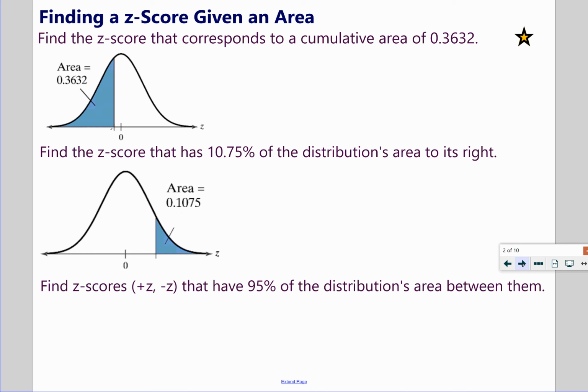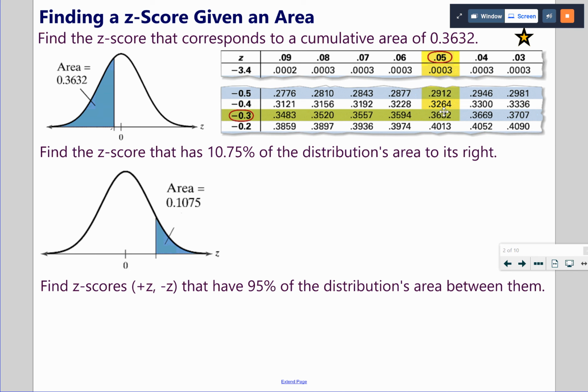Remember, your z-score chart only gives you cumulative area, or area to the left. For the first problem, we are looking for a z-score that goes with a cumulative area of 0.3632. As soon as it says cumulative area, less than, or area to the left, it's just the number that you're finding.